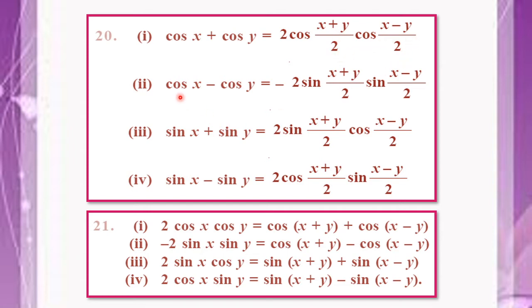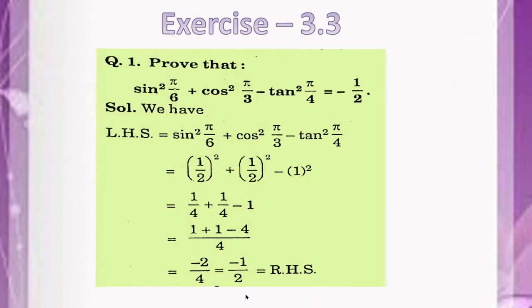Same way we have for cos x minus cos y, sin x plus sin y, sin x minus sin y. 25th identity says 2 cos x cos y is equal to cos(x+y) plus cos(x-y). Minus 2 sin x sin y is cos(x+y) minus cos(x-y). Same way we have for 2 sin x cos y and 2 cos x sin y.